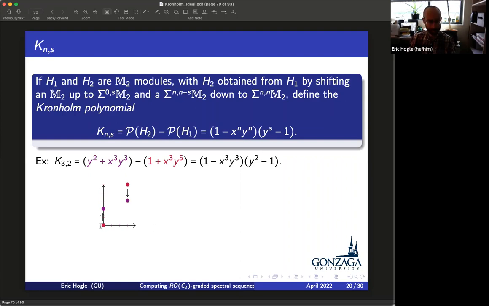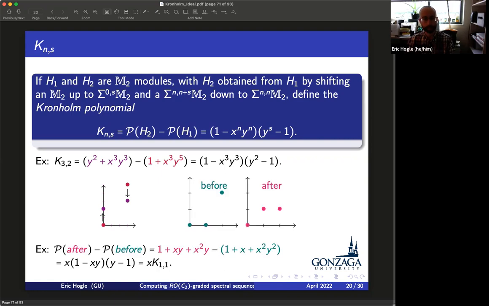So here's an example. If this point shifts up and that point shifts down, I'm changing from a 1 and an x to the third y to the fifth to a y squared and an x to the third y to the third. The difference between these two things can be rewritten.